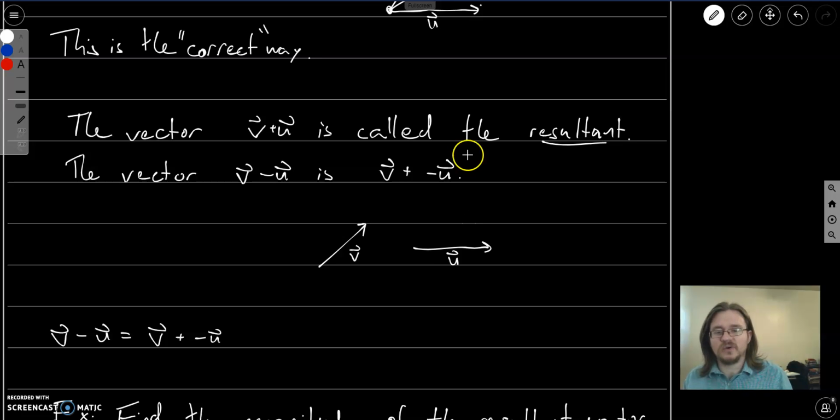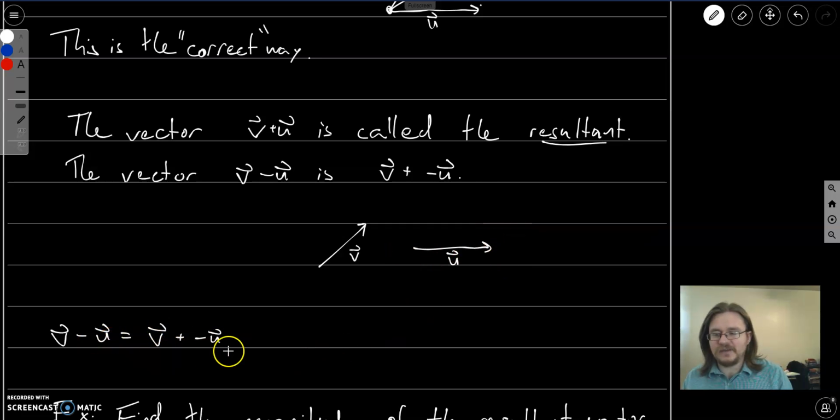Okay? So we'll just turn all vector differences, as in if I'm subtracting vectors, into vector addition, but we'll use negative vectors. So here I have v, and here I have u, just like before. v is pointing up and to the right, u is pointing straight to the right.